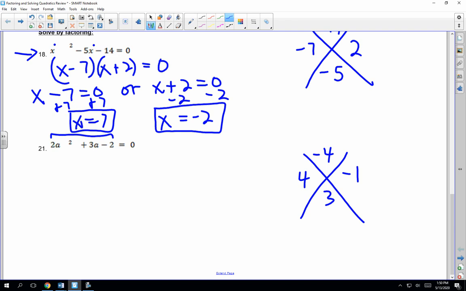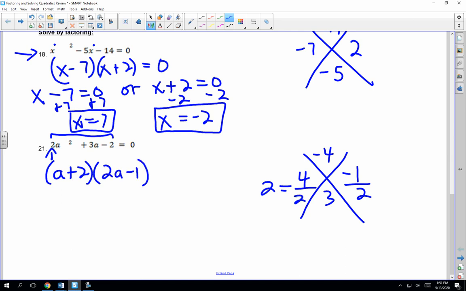Don't forget, because this is not a simple quadratic, in other words, the coefficient of the squared variable is not 1, it is some other number, we've got to divide each of these by that number and then simplify. 4 divided by 2 is 2. -1 over 2 is already simplified. So my two factors are (a plus 2) and (2a minus 1).